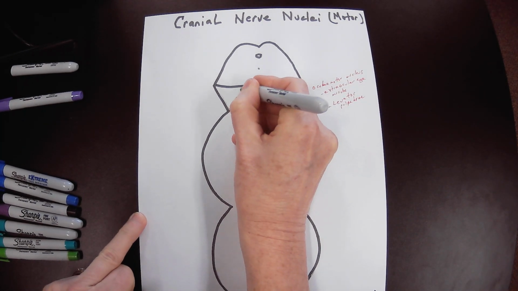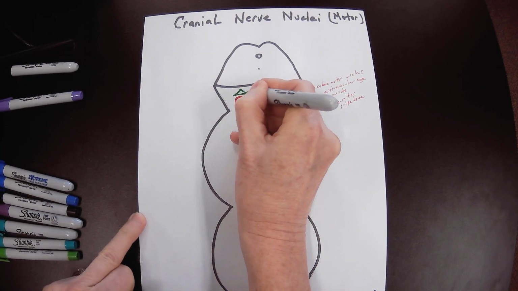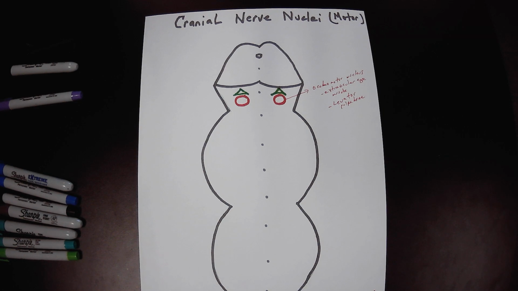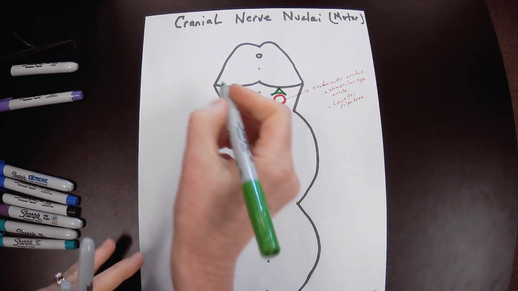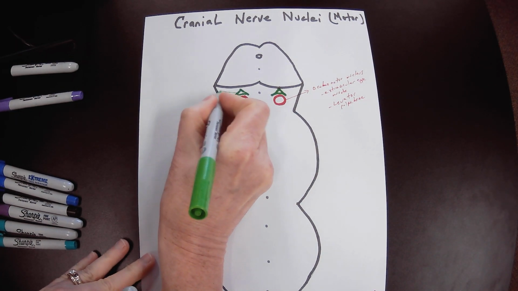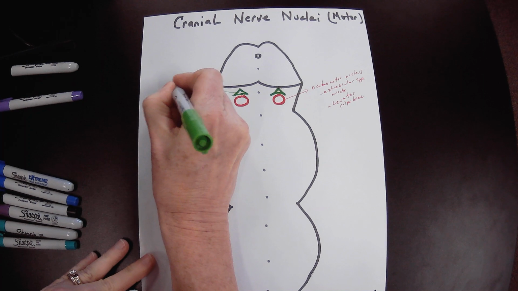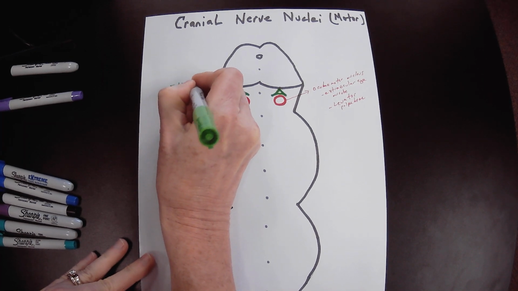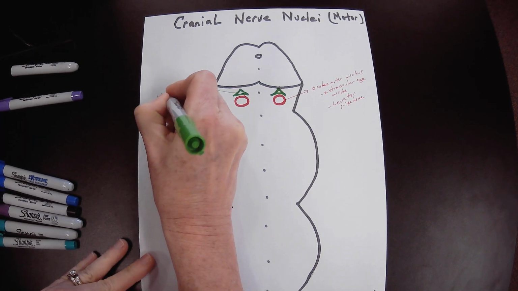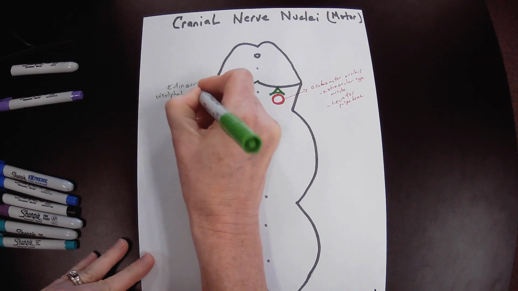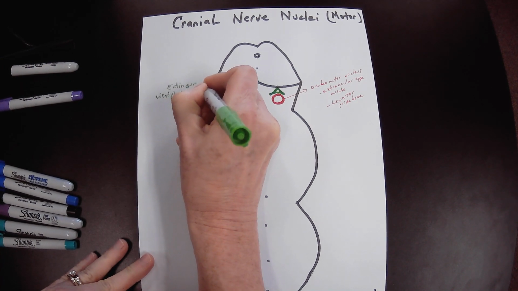And this nucleus is just kind of right on top, and this is called your Edinger-Westphal nucleus.